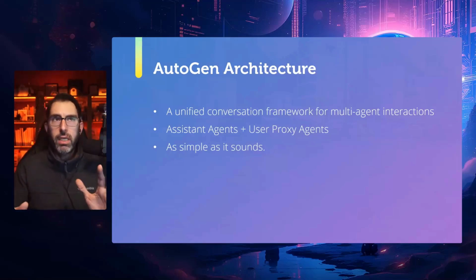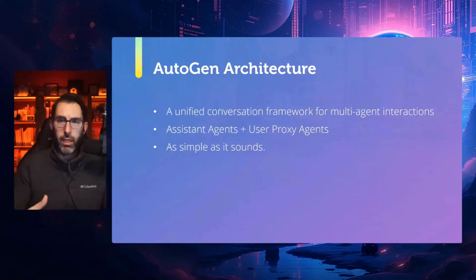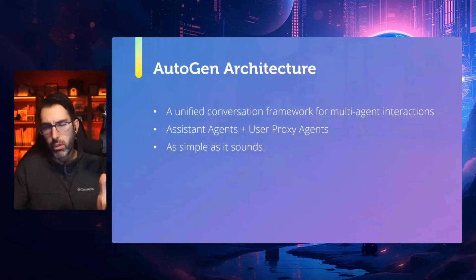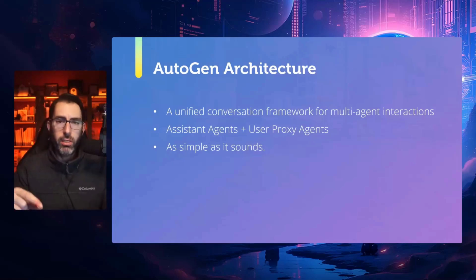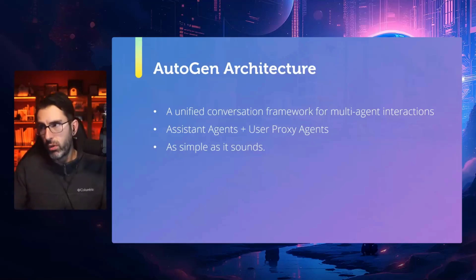Some of the key components you can think of are assistant agents, which have the AI role using an LLM as a problem solver, or user proxy agents, simply simulating a user with humans, or sometimes we use the user proxy agents to simulate and represent a tool as well.